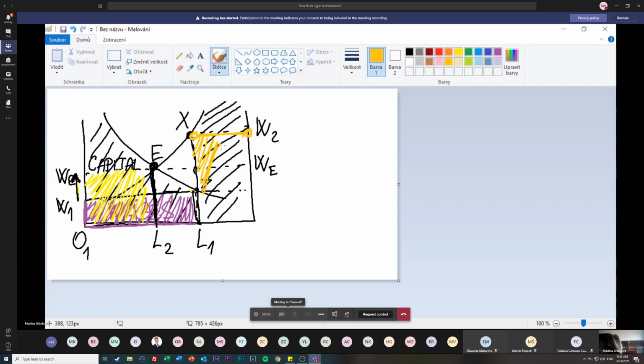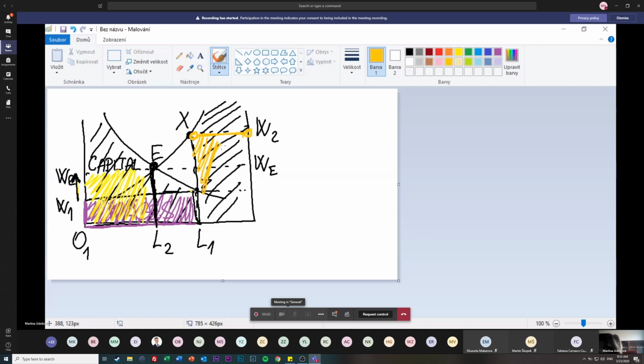That means O2, O1, employees times their wage, that's the wages. The rest, you can see here above, was for capital. The owners of capital had the rest.